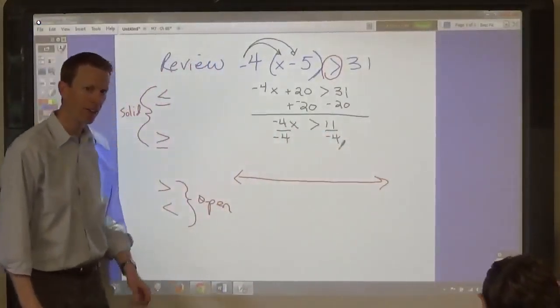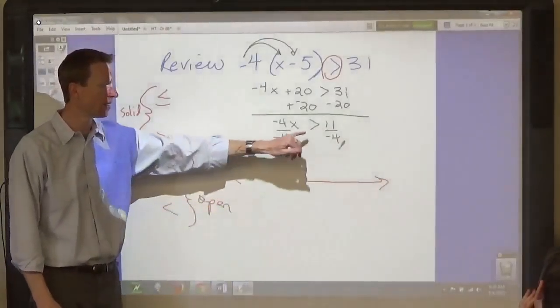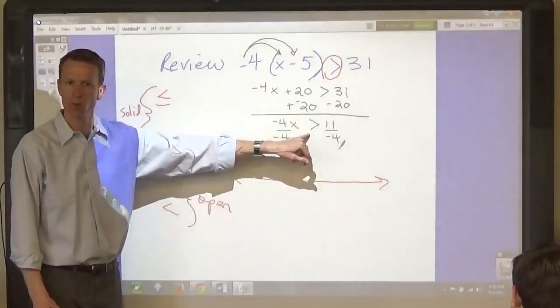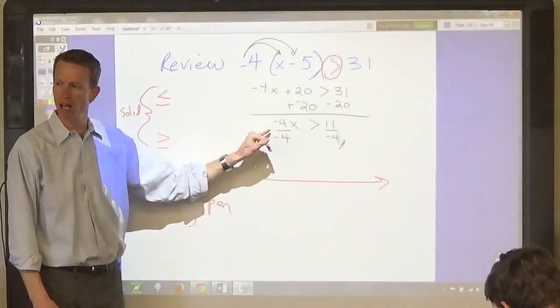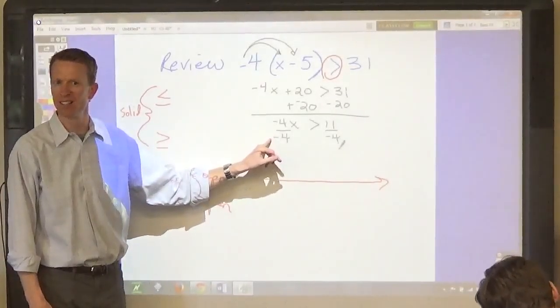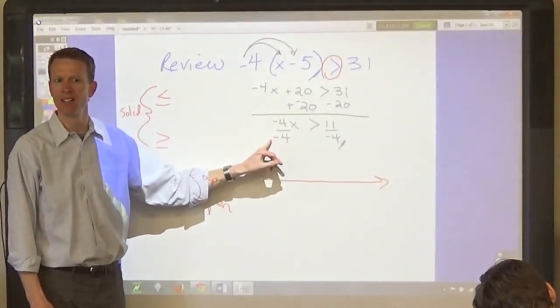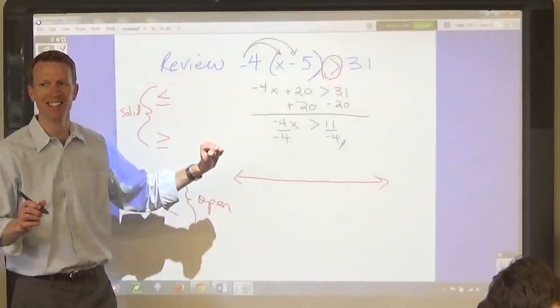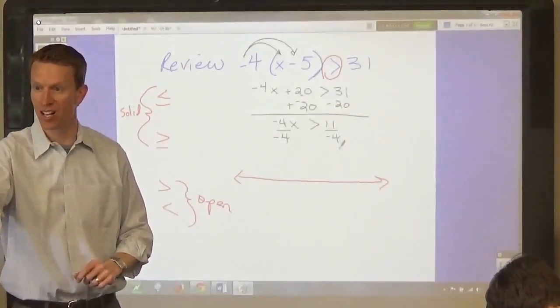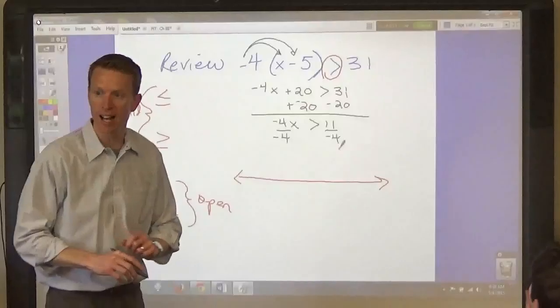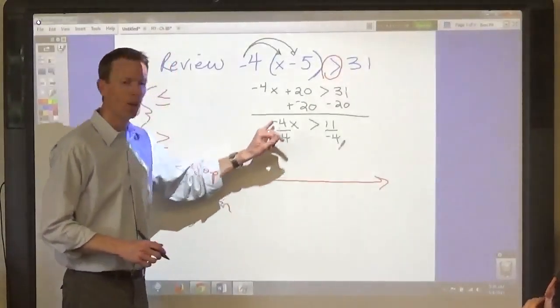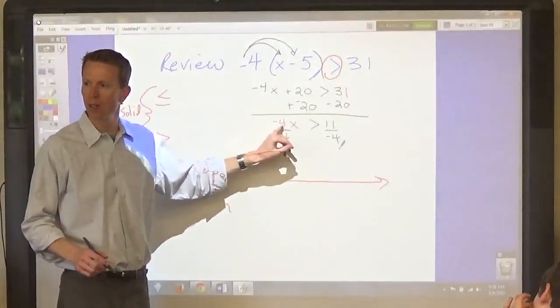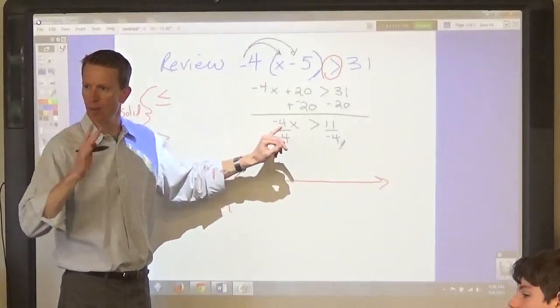And one thing we have to remember on this, when we're dividing or multiplying by a negative at the end, you switch the sign, right?